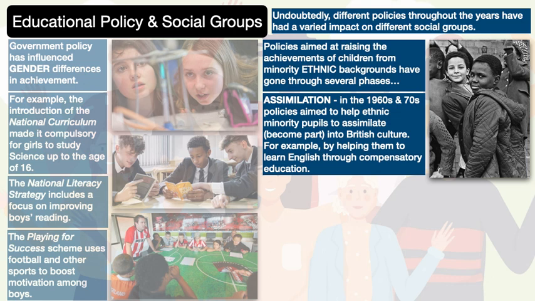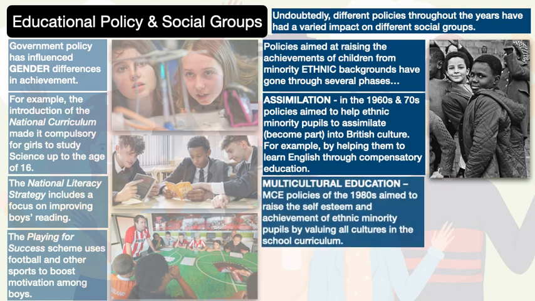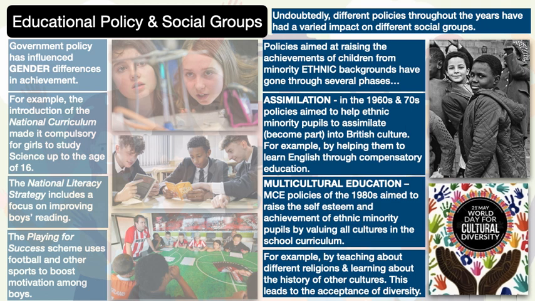And once we got through the assimilation part of schemes that were encouraging those from ethnic backgrounds to have greater equality, we have maybe more multicultural education. These policies of the 1980s aim to raise self-esteem and achievement of ethnic minority pupils by valuing all cultures in the school curriculum. For example, teaching about different religions, learning about the history of other cultures would lead to acceptance and diversity. Although, as we've seen, maybe in recent years that doesn't happen as much as it could do, or perhaps should do.